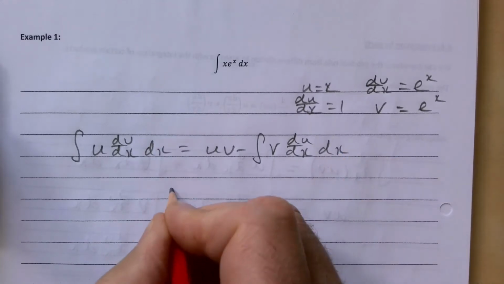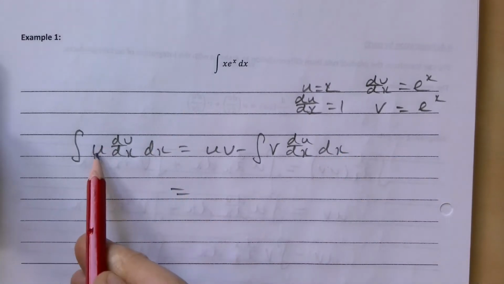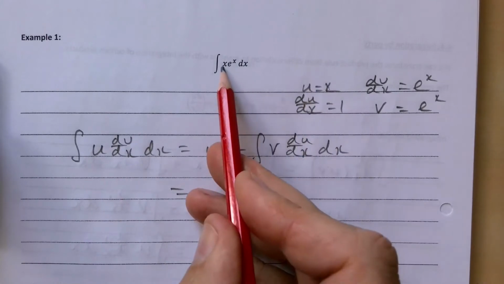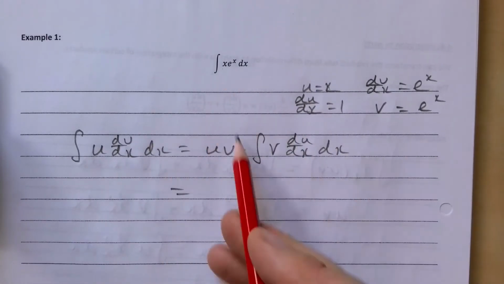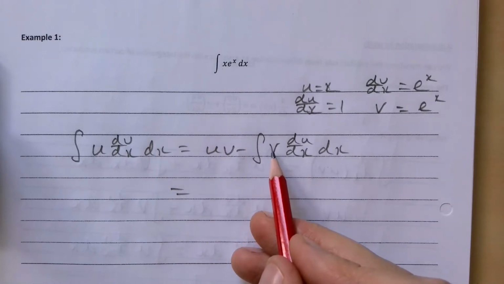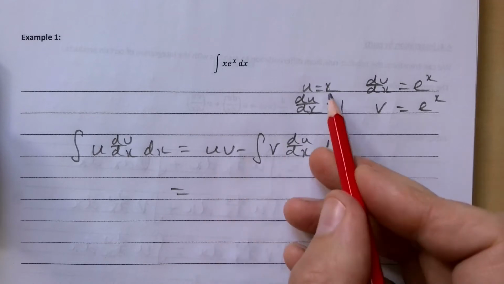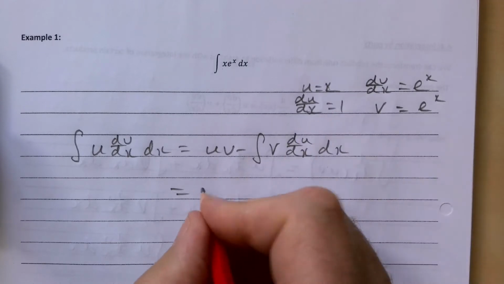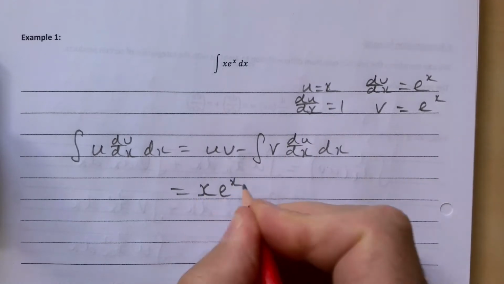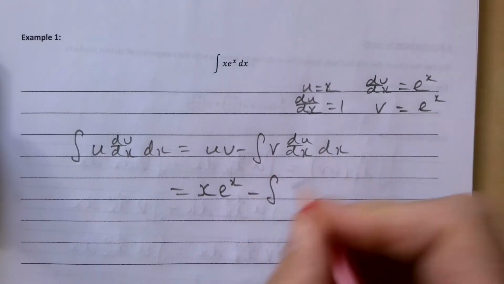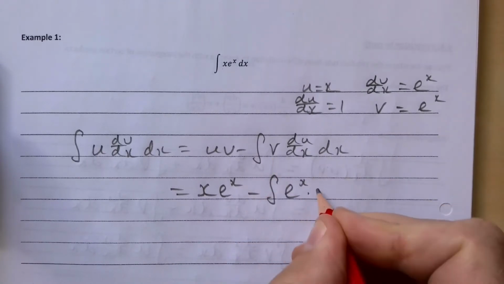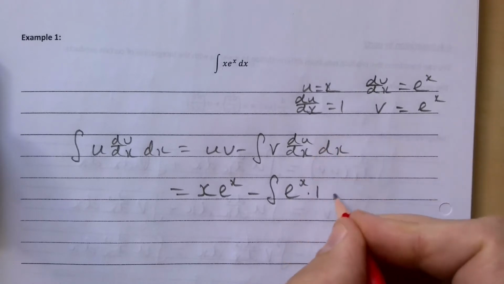So let's sub in what we know. We've let this equal u and this equal our dv by dx. If we sub in what we have here, hopefully we end up with an easier integral than we had before. So uv is x e to the x, take away the integral of v, which is e to the x, times by 1, which is du by dx.